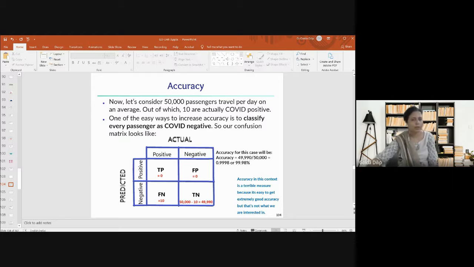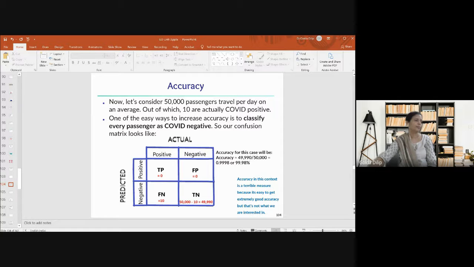When your confusion matrix looks like this, if you compute your accuracy, that is TP plus TN divided by positive plus negative, you will land up with an accuracy of 99.98%.